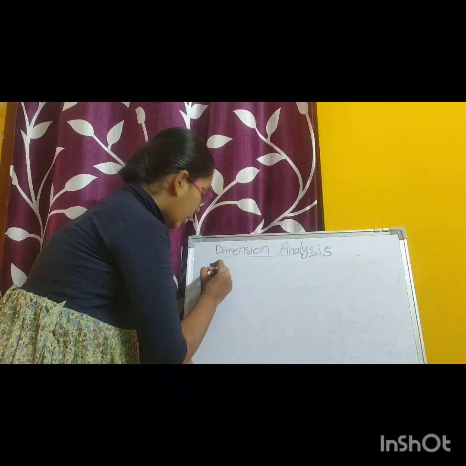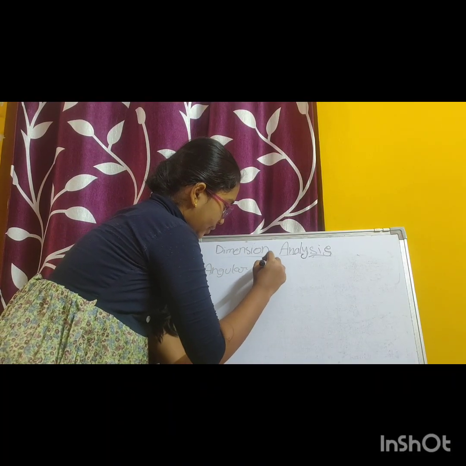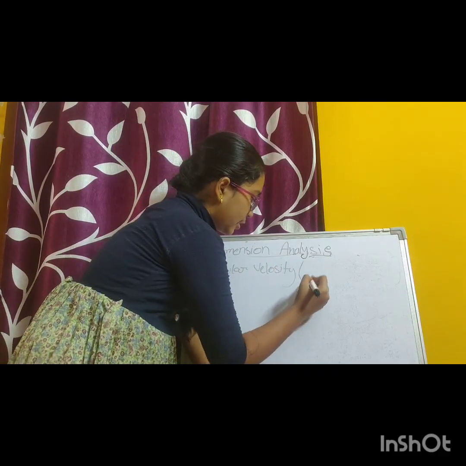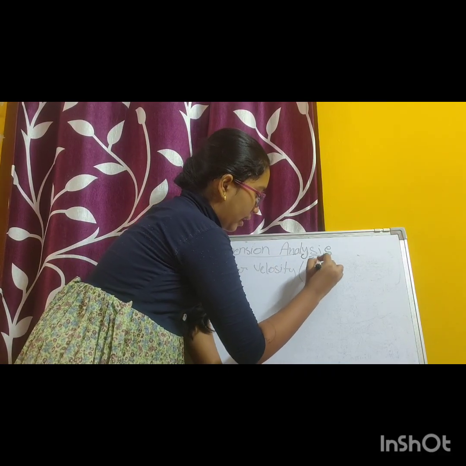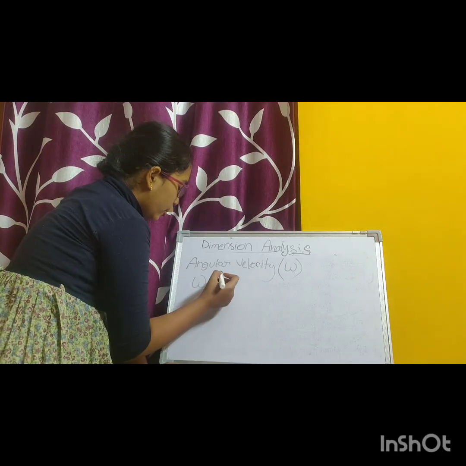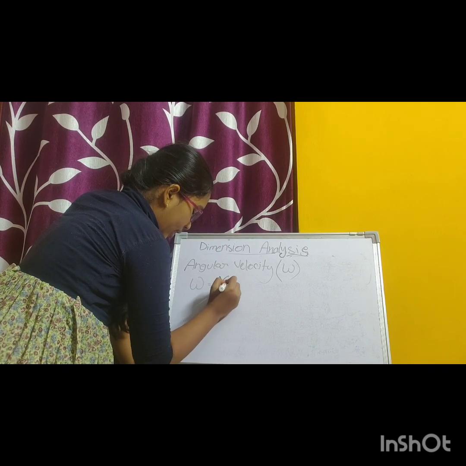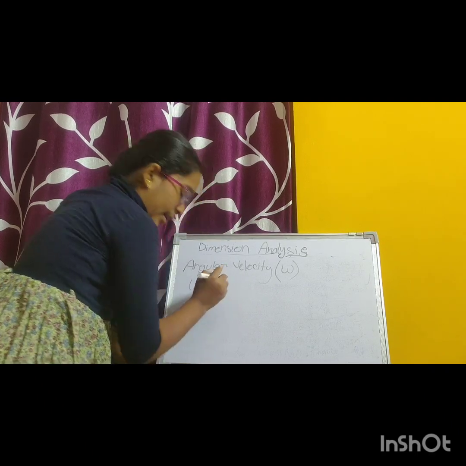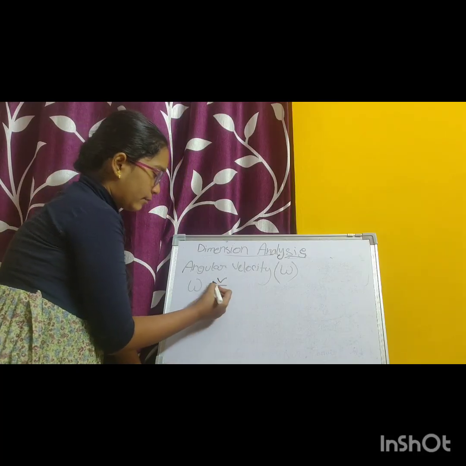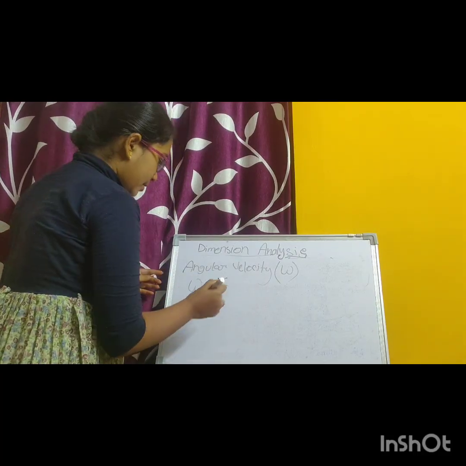Now let's know about angular velocity. We can represent this angular velocity by the symbol omega. So we can write the formula as omega, or angular velocity, is equal to v by r. V is velocity and r is radius.